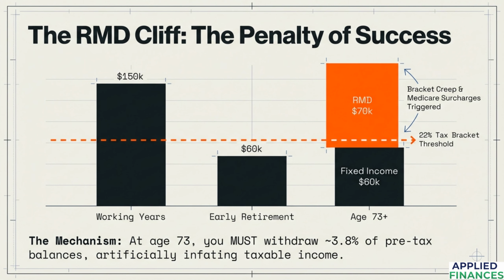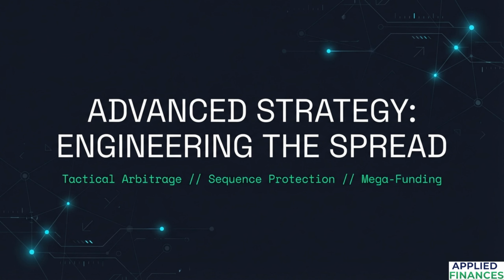Moving into advanced strategy, we shift our focus to engineering the spread. This is where we move beyond basic savings and into tactical arbitrage, sequence protection, and mega funding. The goal is to move from a passive participant in the tax system to an active architect of your own financial outcomes.